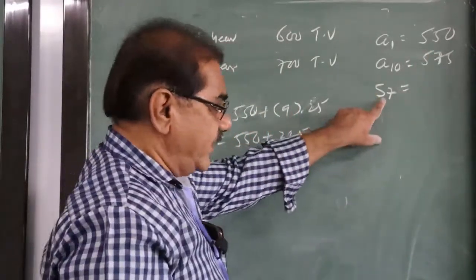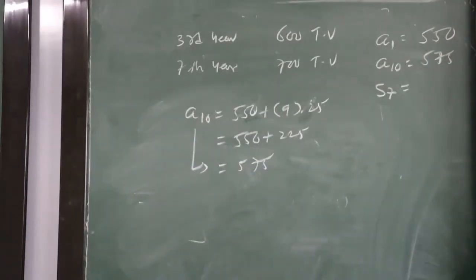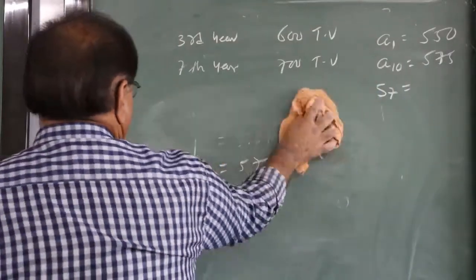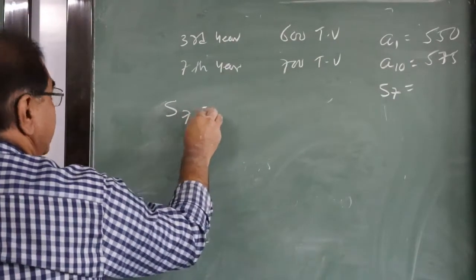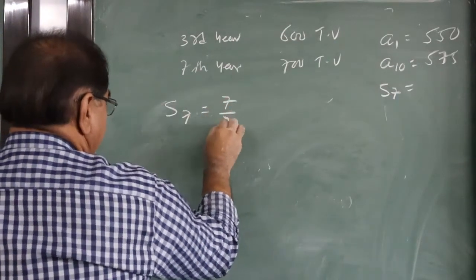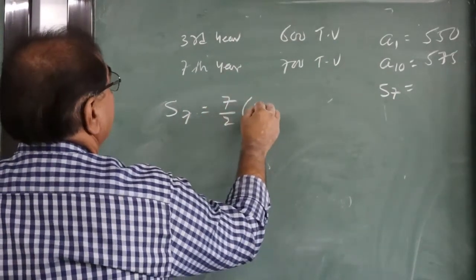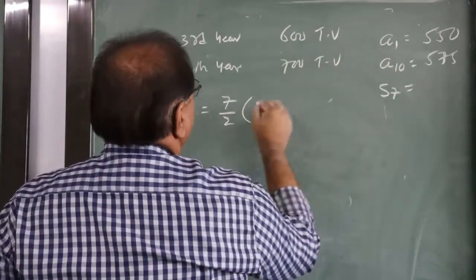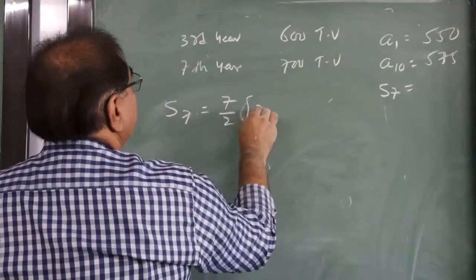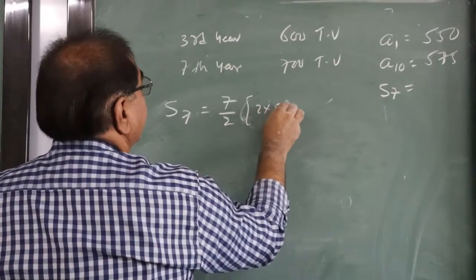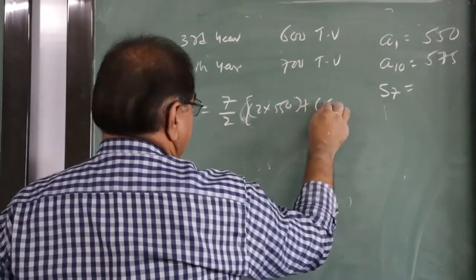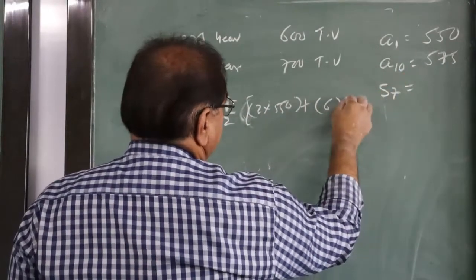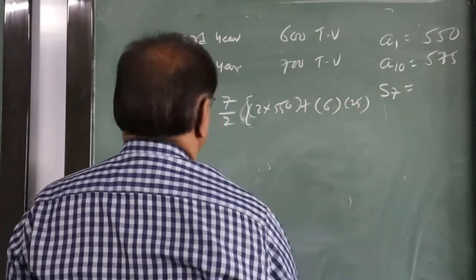And now we want to go for S7, that is total production in the first 7 years. So S7 is equal to 7 by 2 into bracket 2A. So I write the numbers here, 2 into 550, 2A plus n minus 1, 7 minus 1 is 6, and the difference is 25, just now we found out.